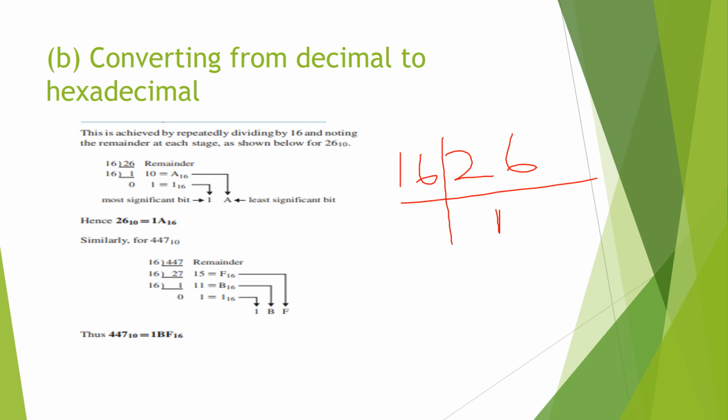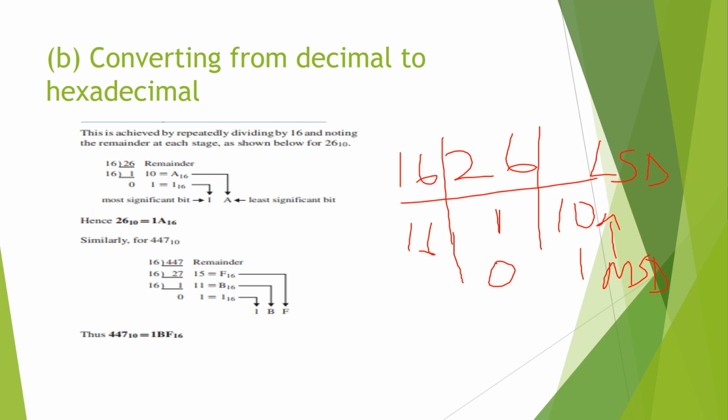Then with a remainder of 10, and then how many times does 16 go into 1? This one is 0 times, but with a remainder of 1. So if I was to reckon this one, remember 1 here becomes the most significant digit, and moving upward this one becomes the least significant digit.